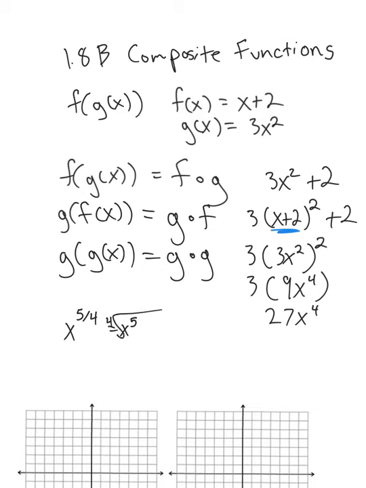Well, if we have a 4th root, we know that we cannot have anything that is negative, right? So our domain could equal 0 and go on to positive infinity.